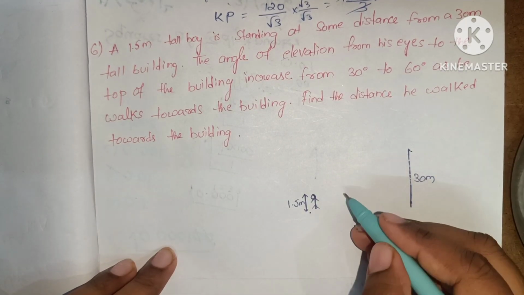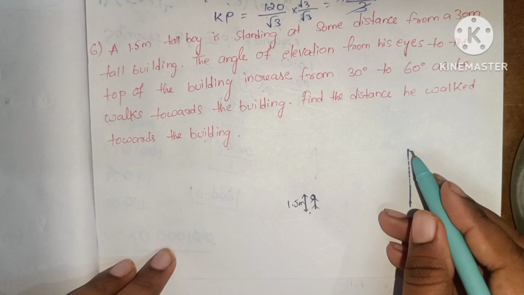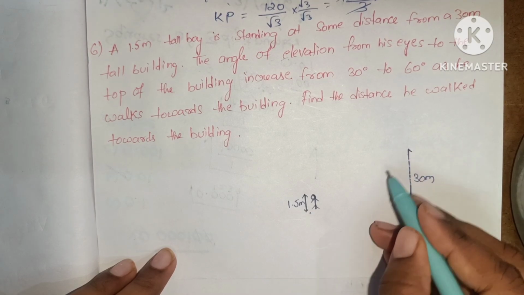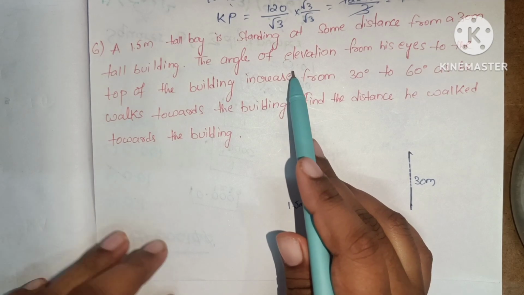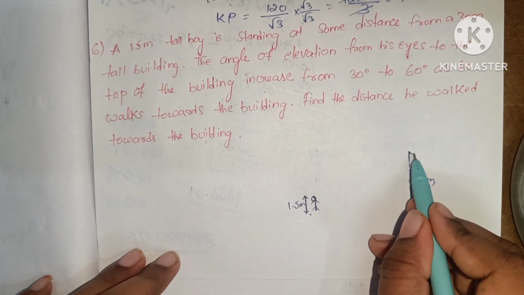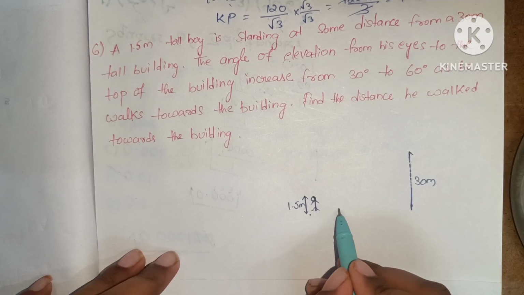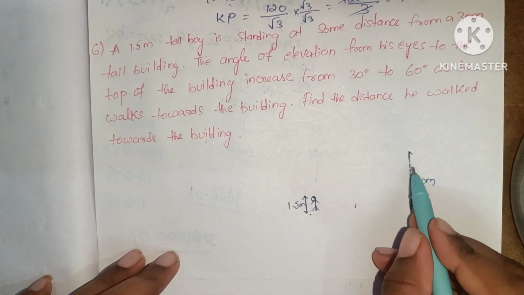The angle of elevation from his eye to the top of the building increases from 30 to 60 degrees. The angle of elevation means this person was watching the top of the building. After a few seconds he walked up to here. Then he watched from here.